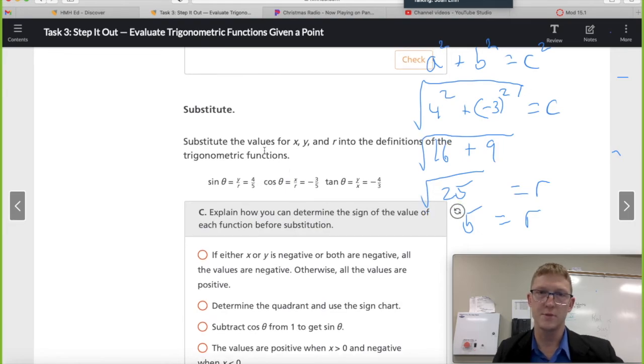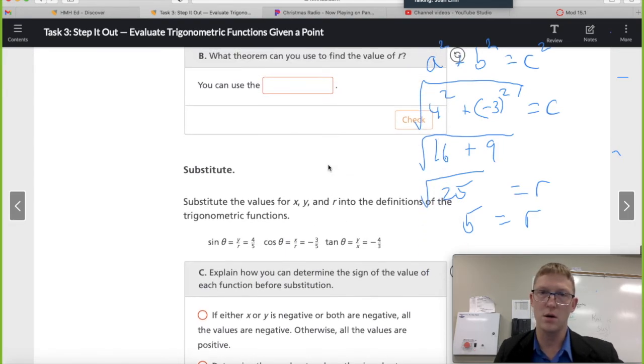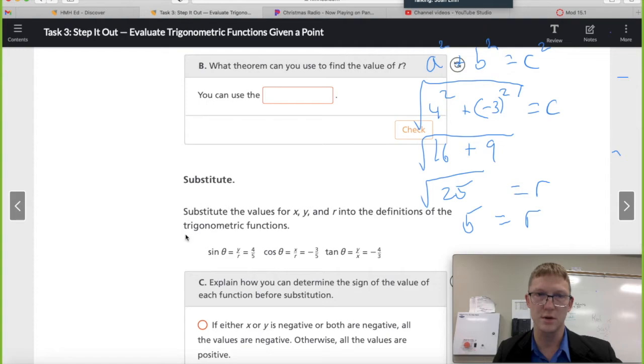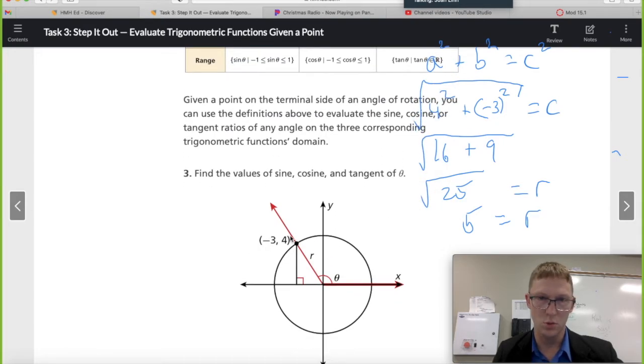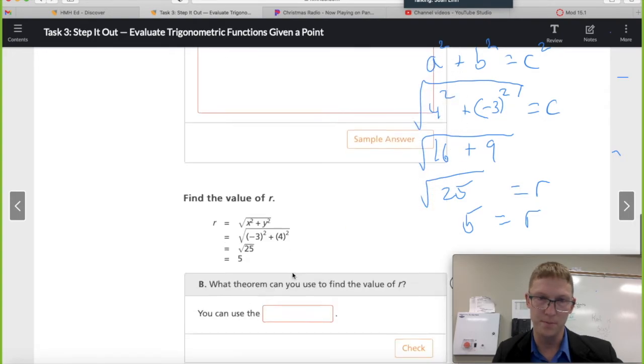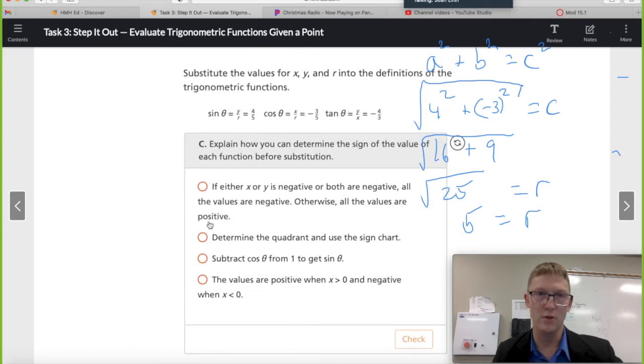So we can substitute values of x and y and r into their definitions of the trigonometric functions. So we've got sine of theta equals y over r. So y is our 4, r is 5. So yeah, I was making this way too complicated. Cosine is x over r, -3 over 5.